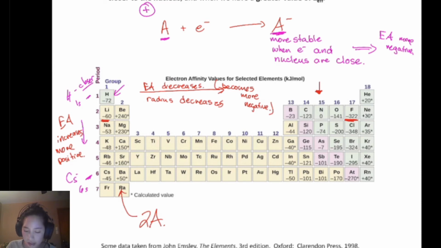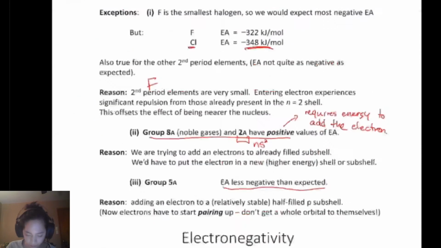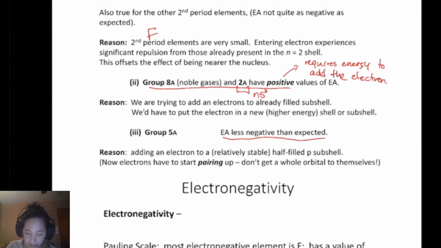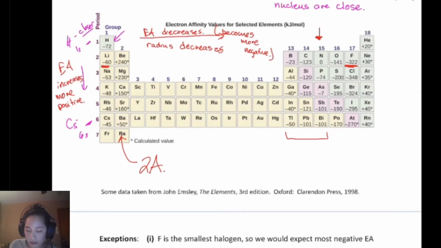So these values are less negative, or you can say more positive than expected. So you can again think about, we have a half-filled shell already. So nitrogen will already have a 2s2, 2p3 subshell.